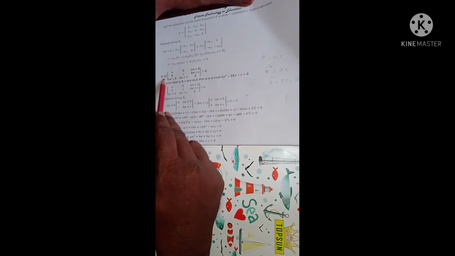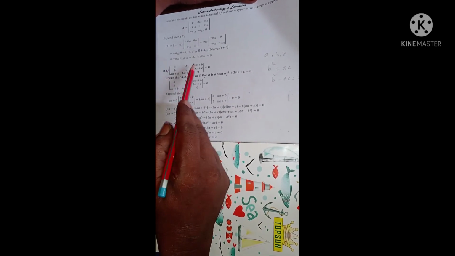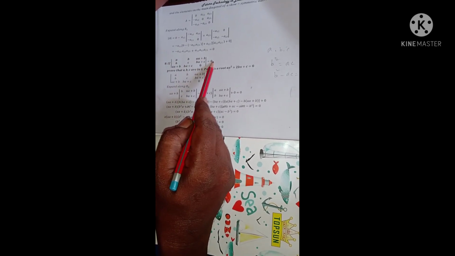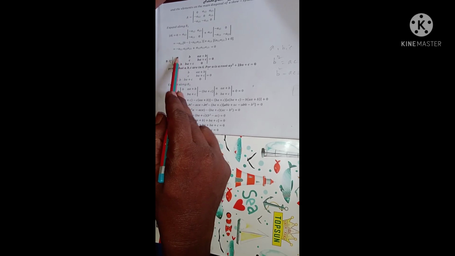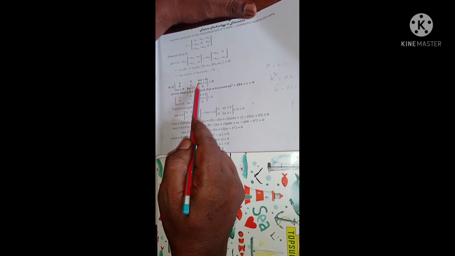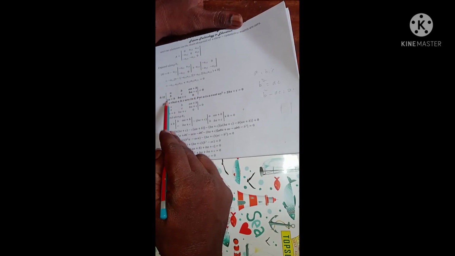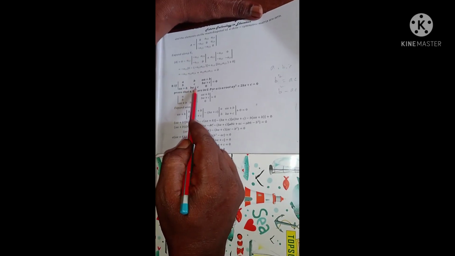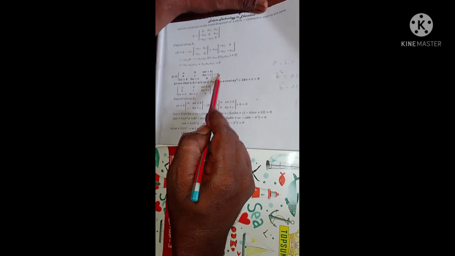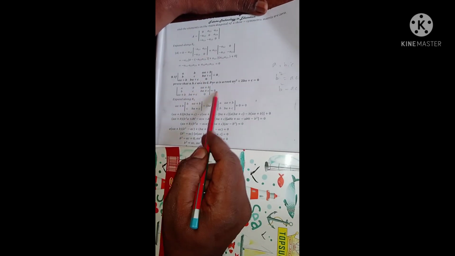They have given the determinant, so we take the condition that the value of the determinant is 0. We can take the determinant a alpha plus b, c; b alpha plus c, a alpha plus b, alpha plus c equal to 0, that the value of the determinant equals 0.